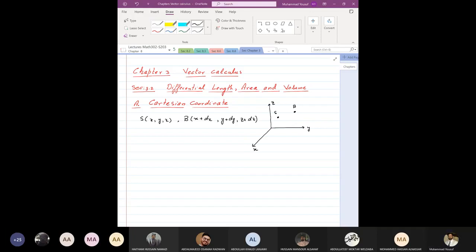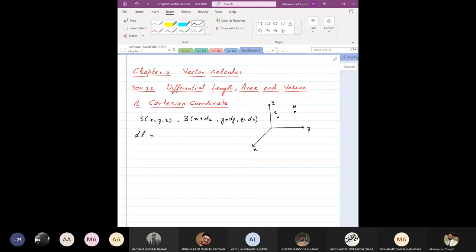Now when there is a small change in x, small change in y, small change in z, then there will be some change when you go from S to B. In the length, there is also some little change, and that is denoted by dl.